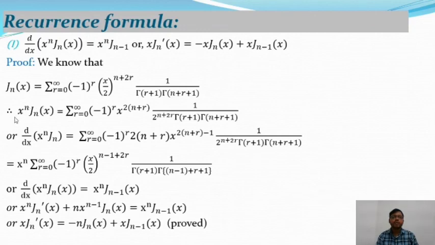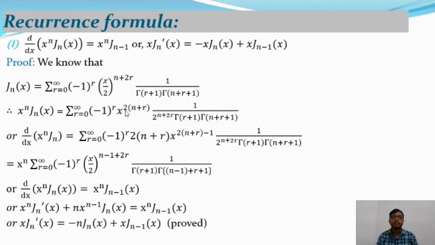So now we multiply by x to the power n on the nth order Bessel's function. We'll get x to the power n into Jn of x, and it will be summation over r is equal to 0 to infinity of (minus 1) to the power r. Okay, after multiplying by x to the power n, it will be changed.